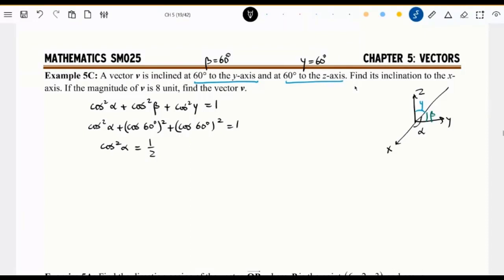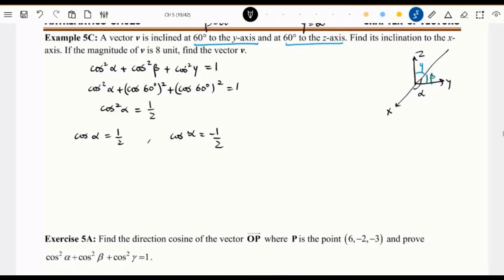Okay, so we can have it by using square root. So cos alpha equal to half, then cos alpha equal to negative half. Okay, so kalau kita cari alpha itself, dia adalah 45. Alpha di sini pun adalah 135. Okay, so kita dah bagi dah inclination dia.